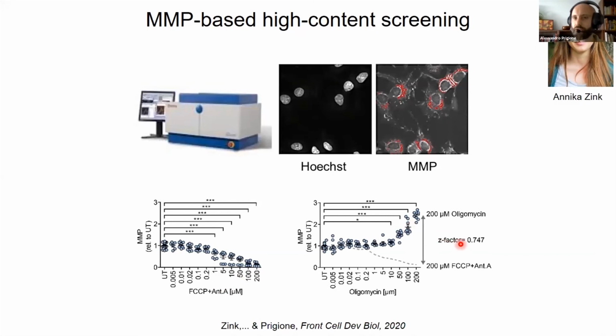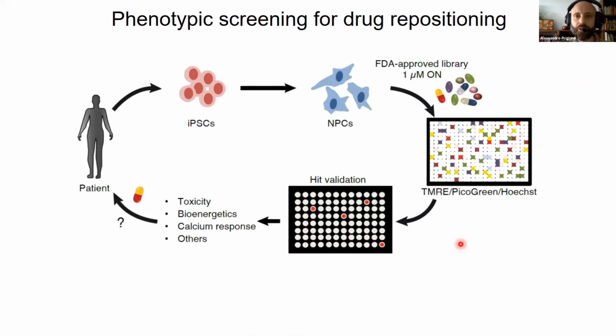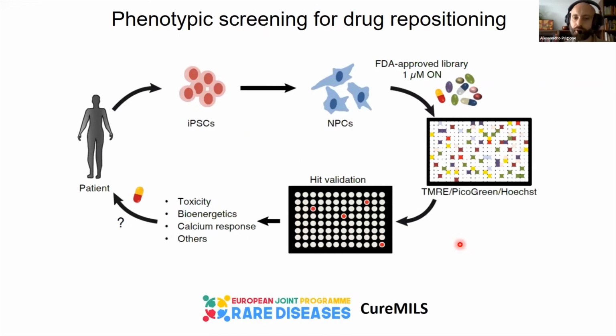We can have a Z factor, which is a way to express the window of opportunity to find compounds. This is basically the approach they were using, and now we have a consortium funded by HAPRD for rare diseases, where we can use NPCs with ATP6 mutation, screen for compounds, and use this MMP assay.